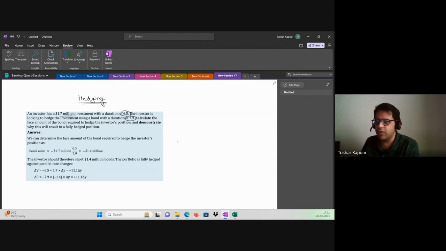Calculate the face value of the bond required for the investor's position to hedge, and demonstrate the result. So of course, 6.5 is the duration for the instrument, and 7.9 is for the instrument used for hedging, multiplied by 1.7 million, and you will get your answer. This is the hedge ratio, right? And that's how you'll get to know the results.